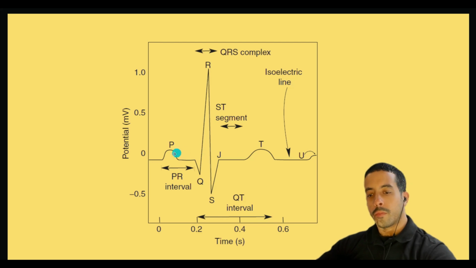Now, here we have what I was telling you about before. Check it out. Notice the P wave, the QRS, the T wave, and this is something called the isoelectric line. The isoelectric line is very important because, once again, if we have ST elevations, this is something we need to consider, because of the millivolts, notice the millivolts right here, as I mentioned before.